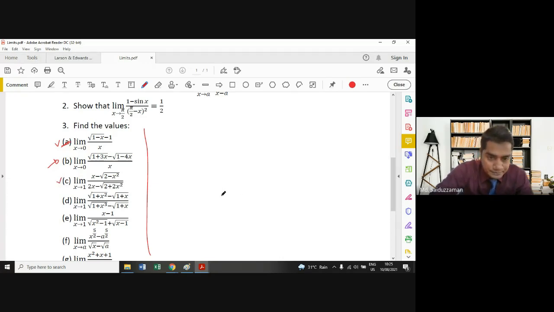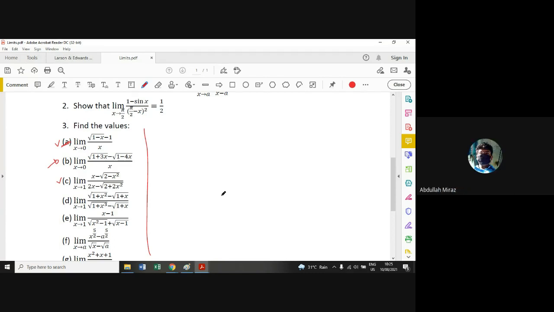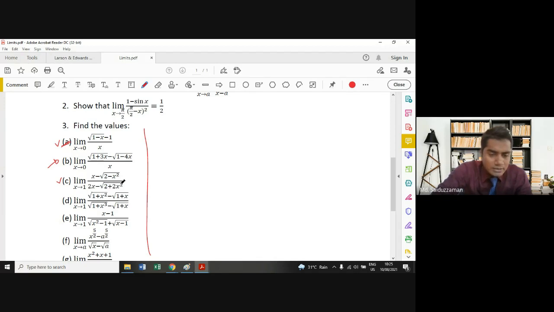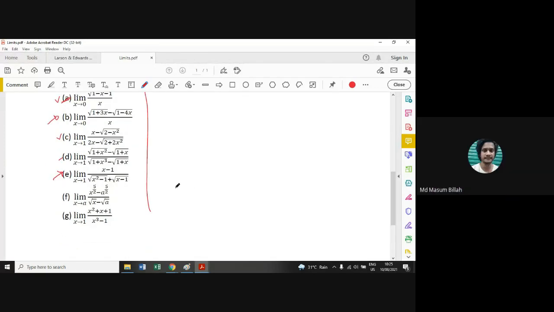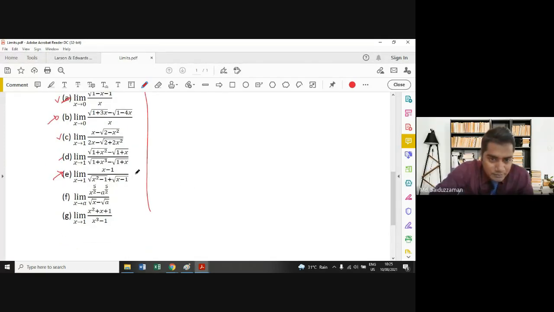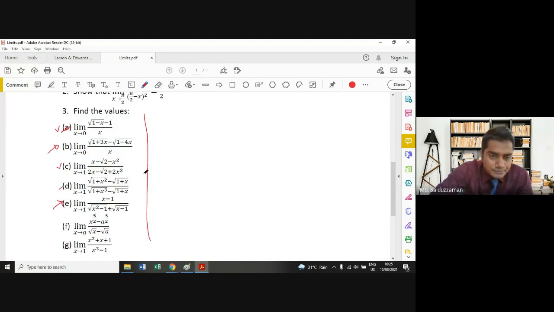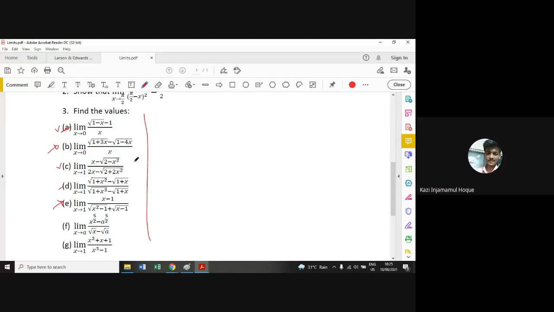Number C. The same thing, I guess. I will multiply by plus. No more problem. C and D are the same, and E is also the same. For E, what can I do? Multiply by minus. I have some confusion in number 2 or number A, we have multiplied, but I want to know what we have to multiply.